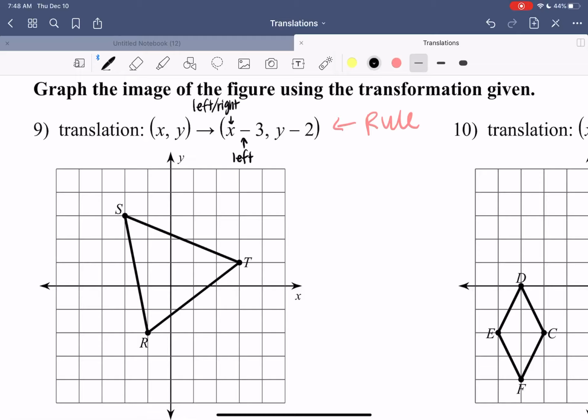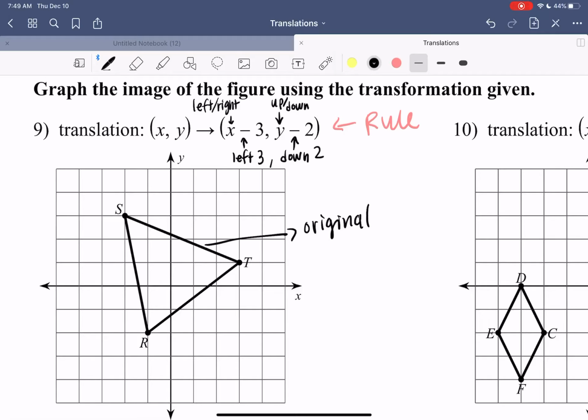And then our Y is, again, with the up and down movements. But this subtraction tells us we're going to move down. So we're going to move left 3 and down 2. So that right there is our original, and we're going to move each of our vertices left 3 and down 2.